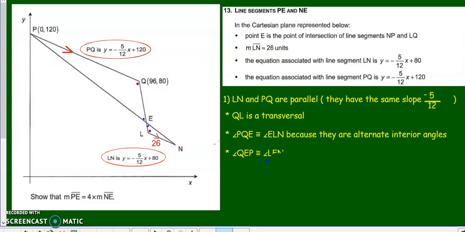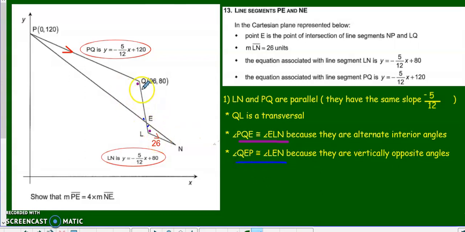So I can put a little purple line over here for these guys. And these guys here, Q, E, P, and L, E, N, are vertically opposite. So that's the blue angle. So what do we know?